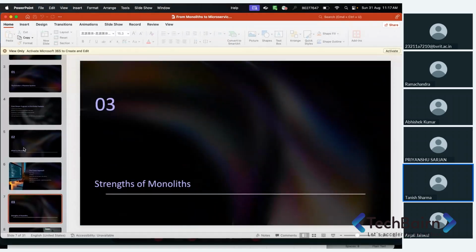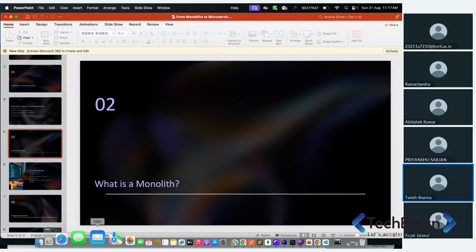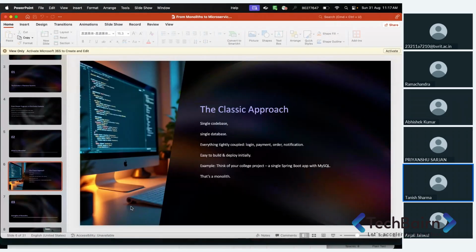So yeah, let's talk about monolith first. Over here I've put some of the basic things about monoliths, which would be the characteristics of any monolith service, right? The whole project would be written in a single code base.